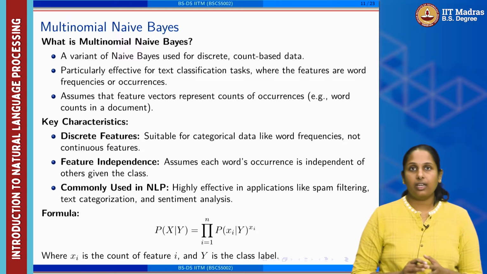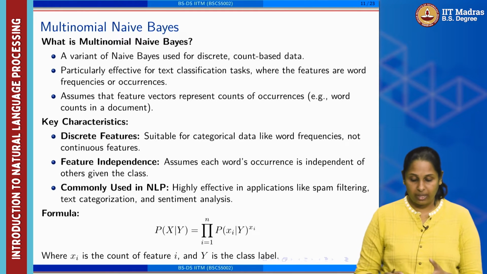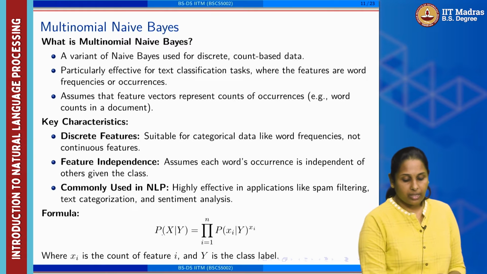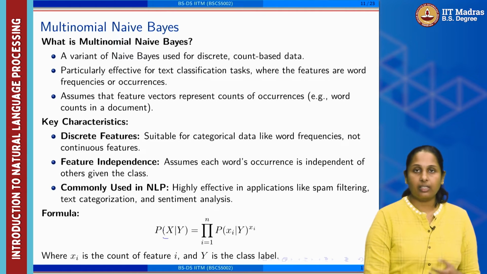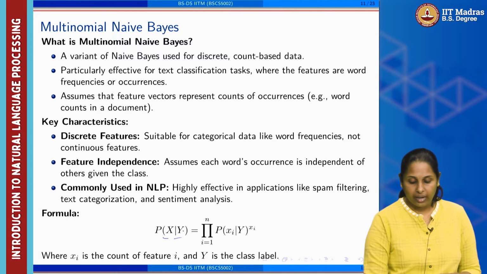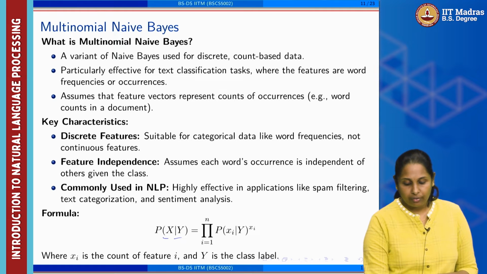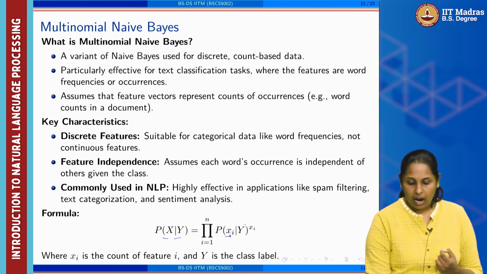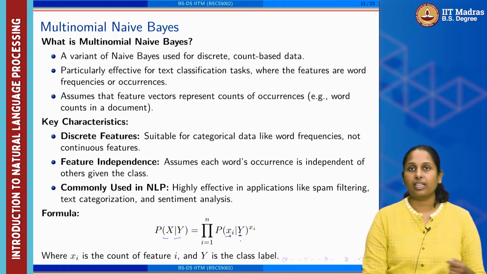The formula here, as you can see, shows the difference between naive Bayes and multinomial naive Bayes. Multinomial naive Bayes identifies, let's say the feature is a category for us, and Y is the class label. It uses a continuous product of the probability of the word, the first particular category, given that particular label, and it is continuously identified as a frequency.